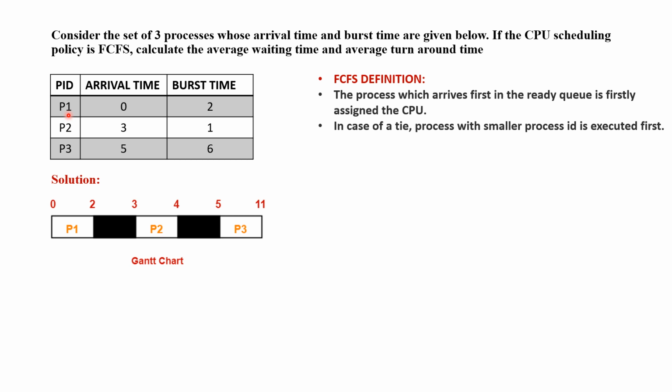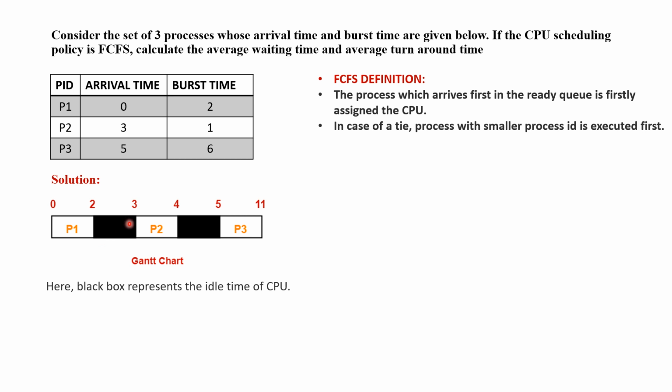P1 gets the CPU at the 0th second, and it needs 2 seconds for execution, so till the 2nd second P1 is inside the CPU. After the 2nd second, it has completed its job. Now at the 2nd second, we don't have any other process because P2 comes only at the 3rd second. So from 2 to 3, the CPU is idle. It is not doing any job.